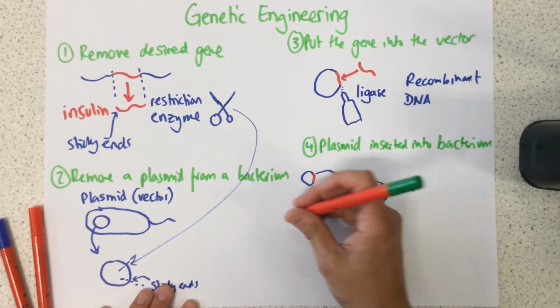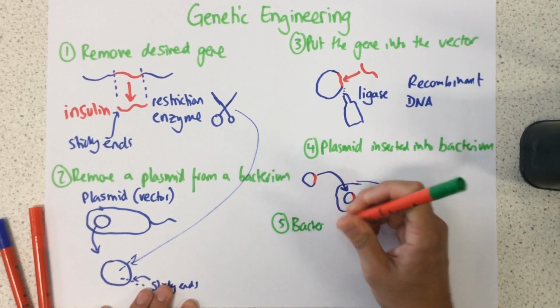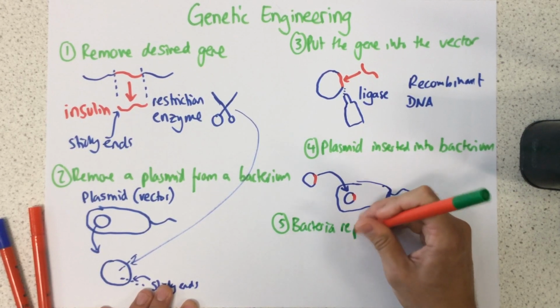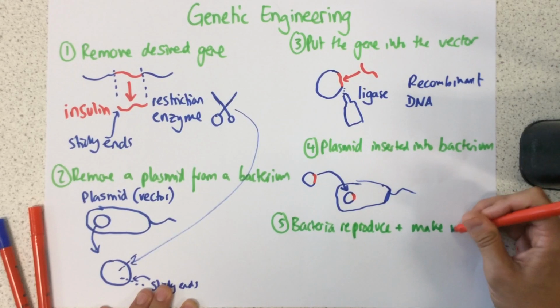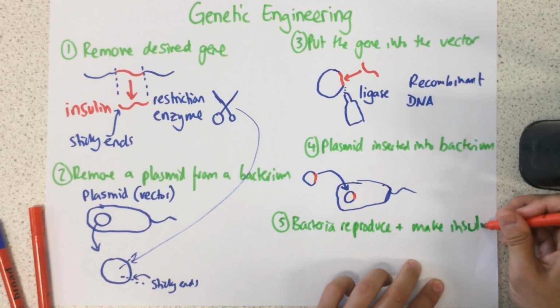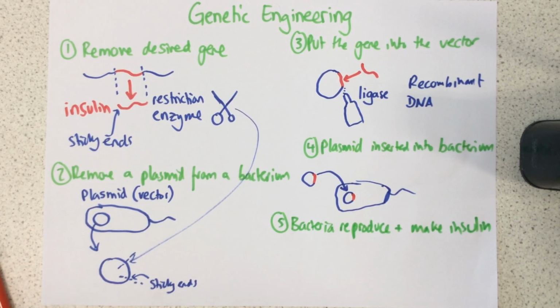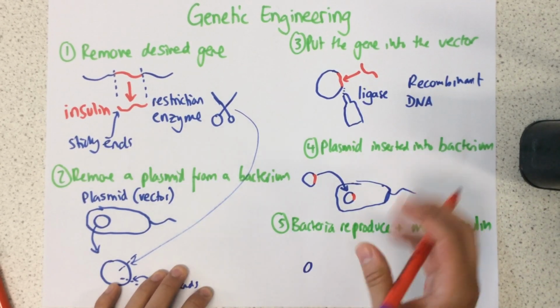So the next step, and the final step, is we allow the bacteria to reproduce. The bacteria reproduce and make insulin, which we can harvest. All of these bacteria are very good at dividing, making copies of themselves.